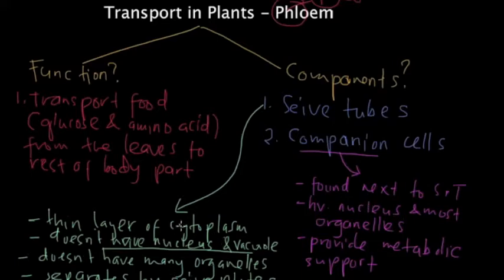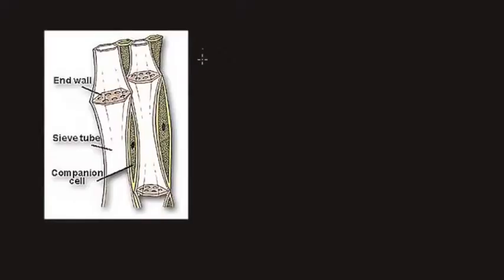Now these are the particulars about the companion cell, and these are the particulars about the sieve tubes. I'm not done yet, because I would like to show you a diagram so that you have a clearer vision of how sieve tubes and companion cells look in the phloem. So let's have a new page. Here it is, the diagram that shows the two major components of phloem.